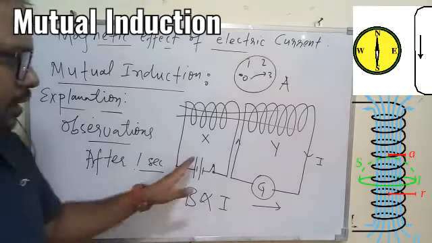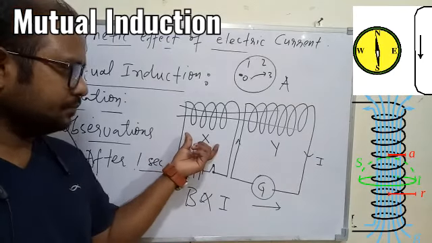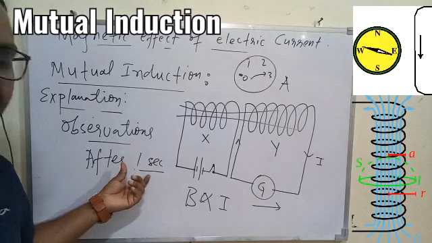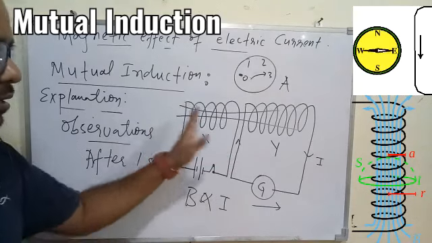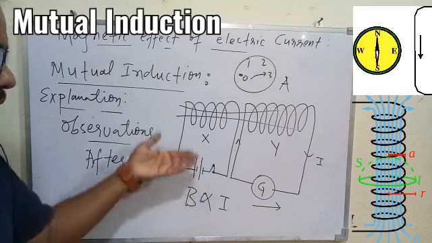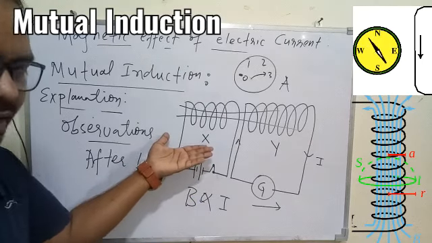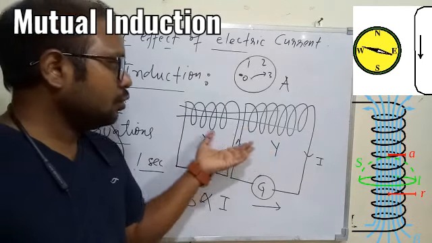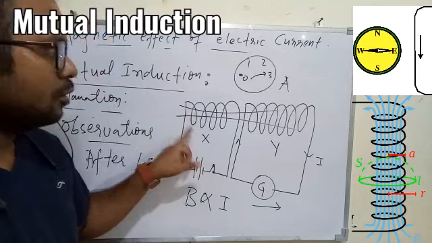After 1 second, now the maximum current will come in X. So after 1 second there is no change in the current, so whatever current is flowing in the circuit, that will be constant. So once the circuit is switched on and has got the maximum current within a second, if the current is constant, the magnetic field of X will be constant.